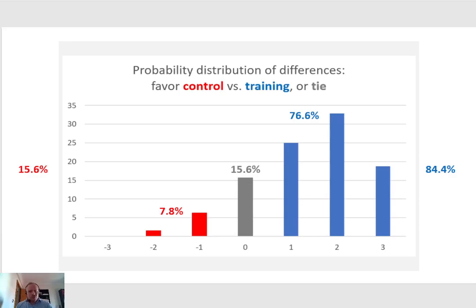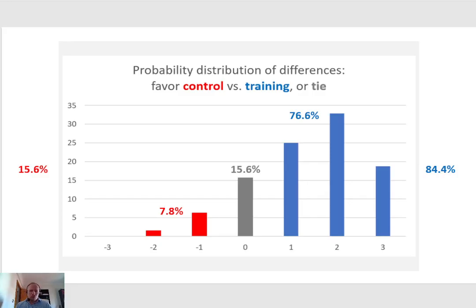If instead of multi-category ordinal ratings we use dichotomous ratings, for instance pass-fail ratings, both solutions would for this dataset yield the same point estimate as percentage in favor of the training group.